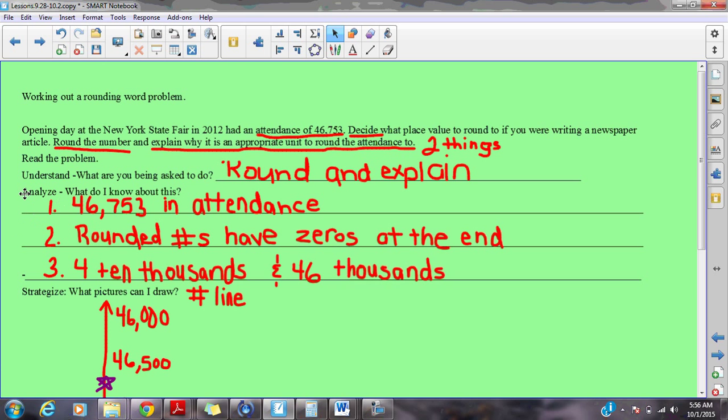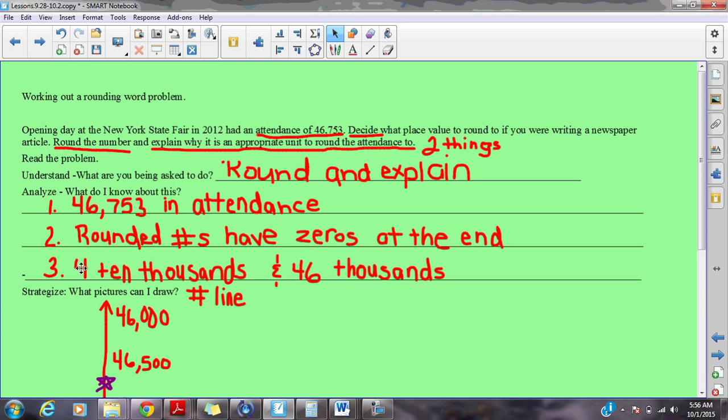That's what we're looking for when we say analyze. Sometimes all three parts of analyzing is here in the word problem. I could also write, I have to decide what place value to round to. And that's new because a lot of times you're told, but this time we're deciding. So I could have written that down. It's all a matter of what you think you need to solve the problem.